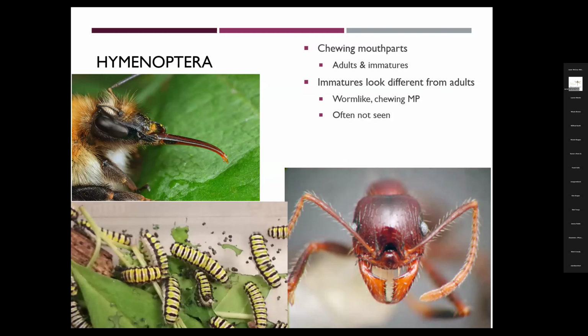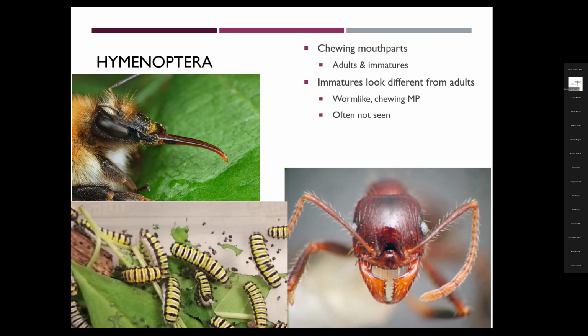Hymenoptera are going to have chewing mouth parts as both adults and immatures. Even when we look at the bees, that's why I put the bee picture over on the left-hand side at the top. Bees, even though they have those tongues for getting nectar, also have mandibles that they will use to chew pollen.